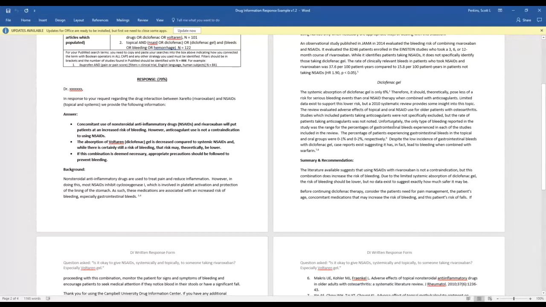So in one of the groups, in the oral NSAID group, they could have been all really, really old and at an increased risk of bleeding. Or they could have also been on an anticoagulant, and because they're on an anticoagulant, there could have been an extra increased risk of bleeding.